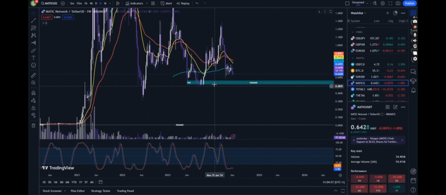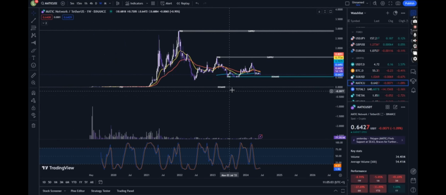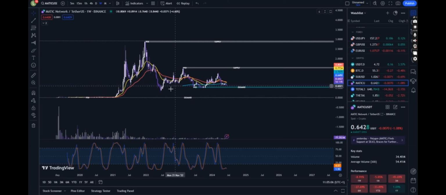If you go to the weekly here, on Matic, a fine example of Matic, I can't really see potentially here, not in 22, maybe here, a buy zone, but you've got your moving average there, your 200, once it reclaimed and retested again and then pushed off, not really a big move.